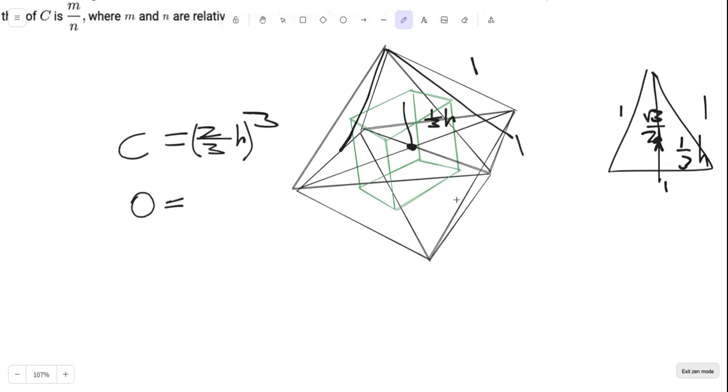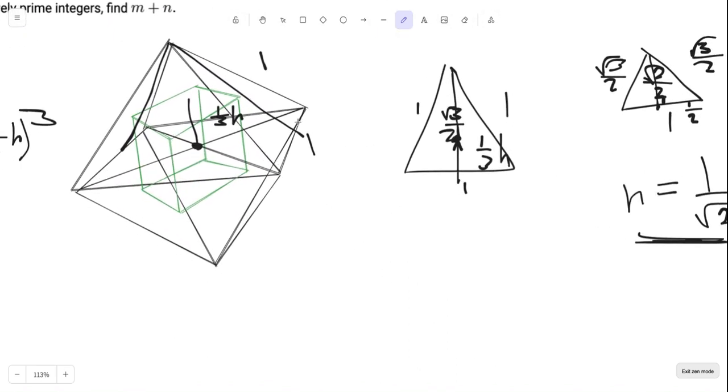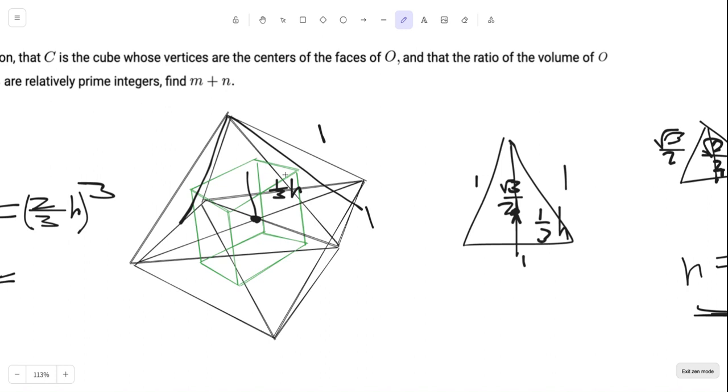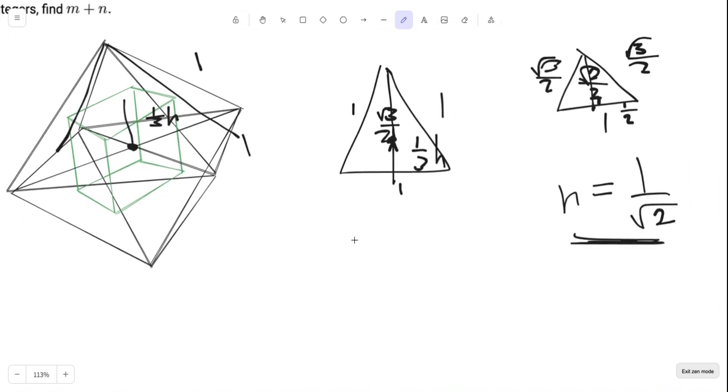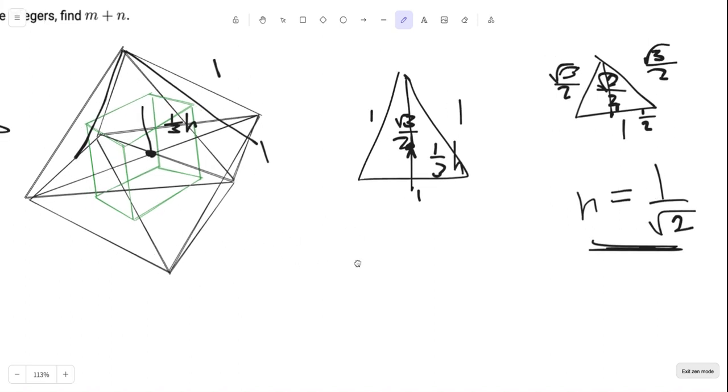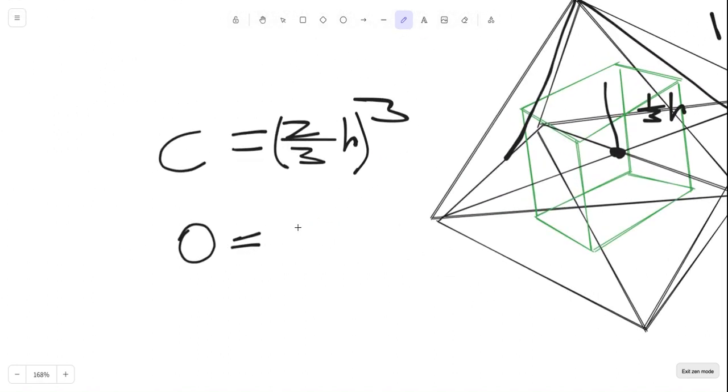Now we have to find the volume of the octahedron, and you may have noticed we can just simply split it up into 2 pyramids. So it's going to be 2/3.